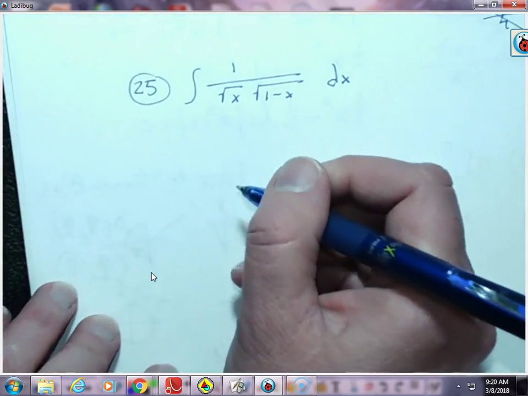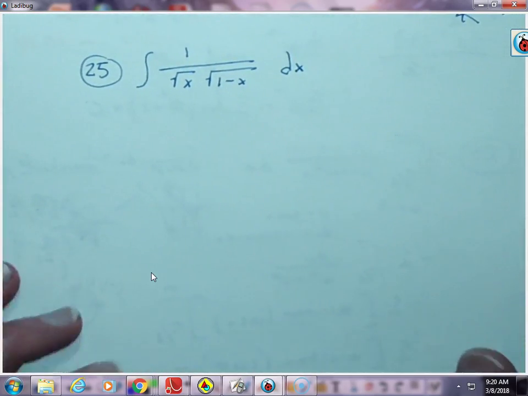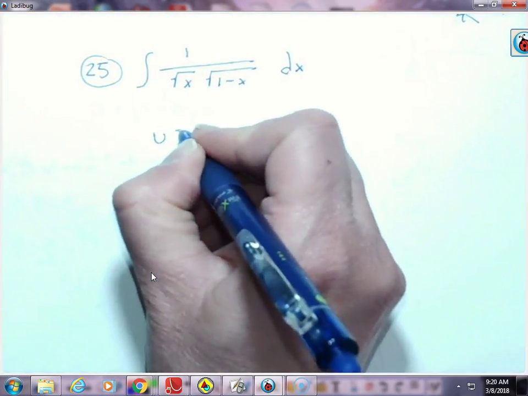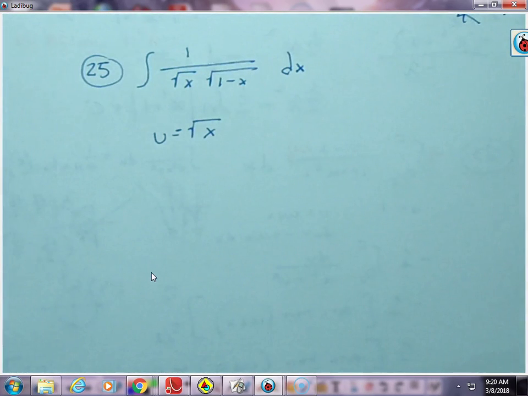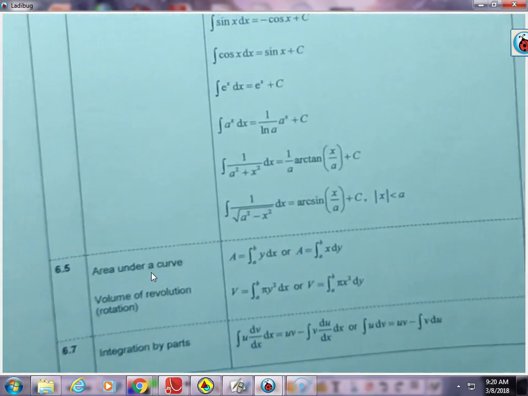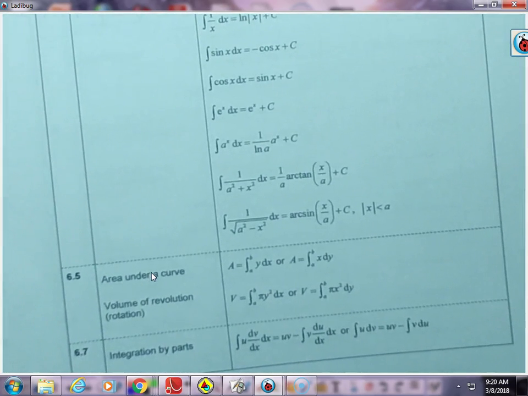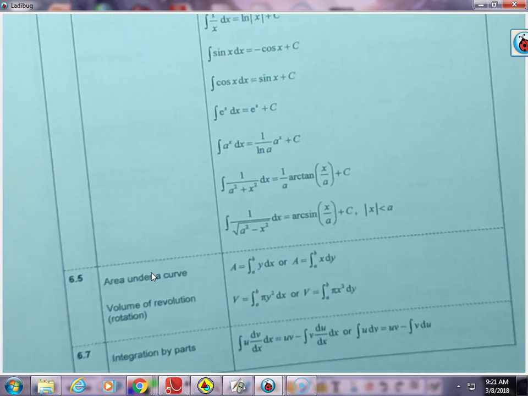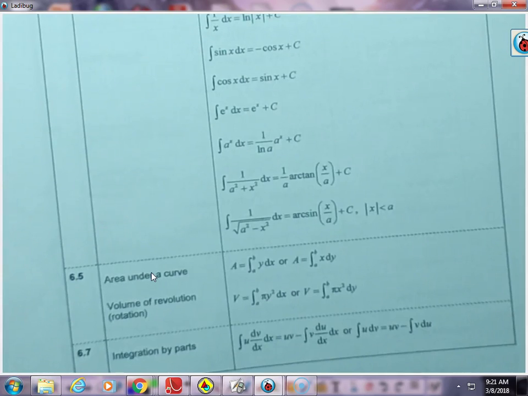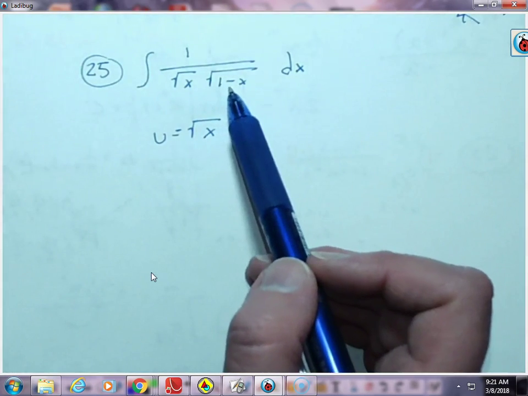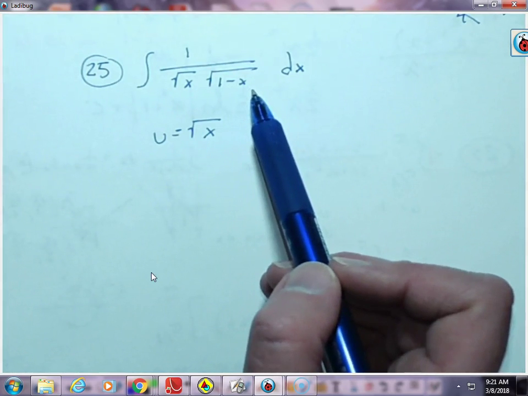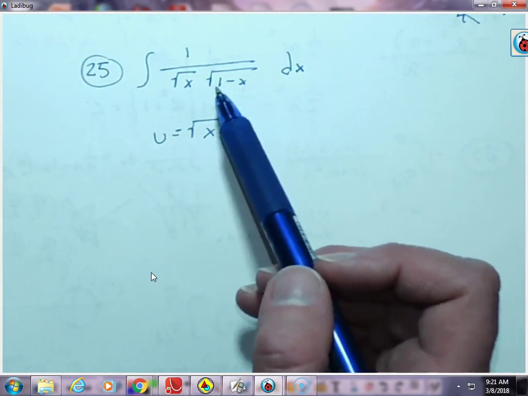Okay, either they gave you a clue or I gave you a clue or both. So this was the clue. Any thoughts on what it might turn into? It's probably an arcsine because this is like 1 squared minus the square root of x squared under the square root.